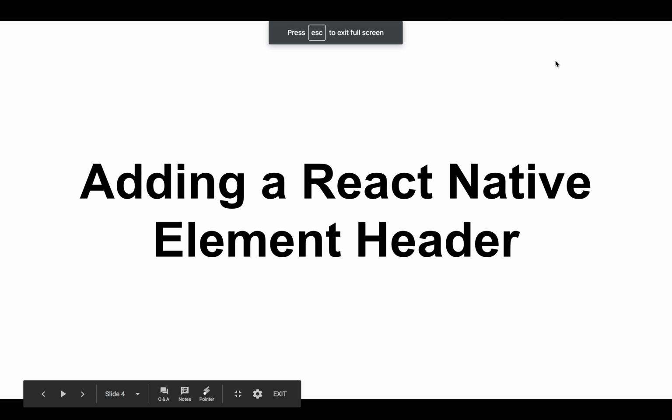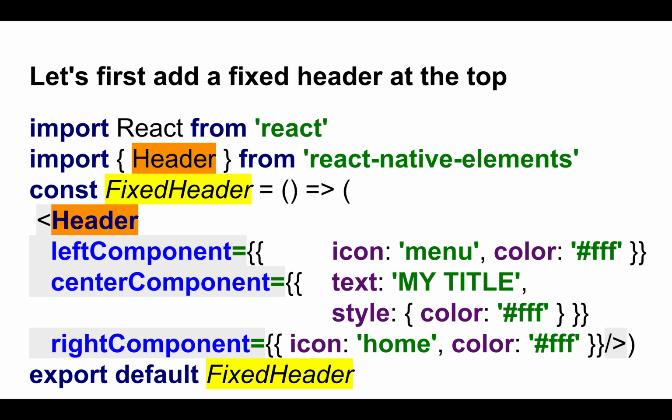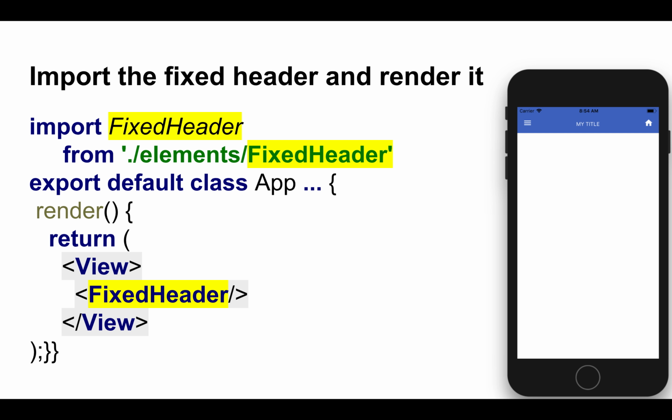All right, so let's start using some of these React elements. The simplest of which is a header, where we would want to perhaps have a header at the top. We would have maybe two icons on either side, and in the center we would like a title.